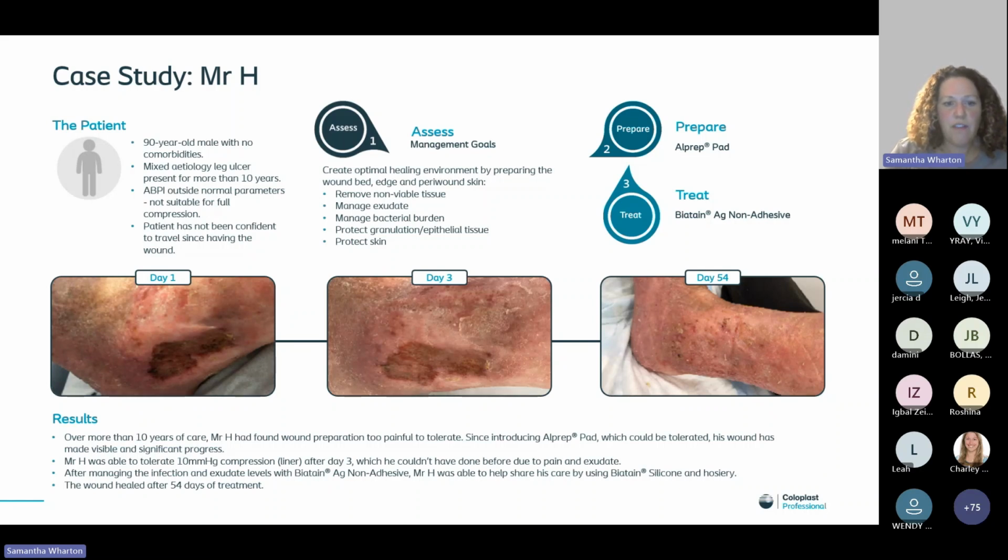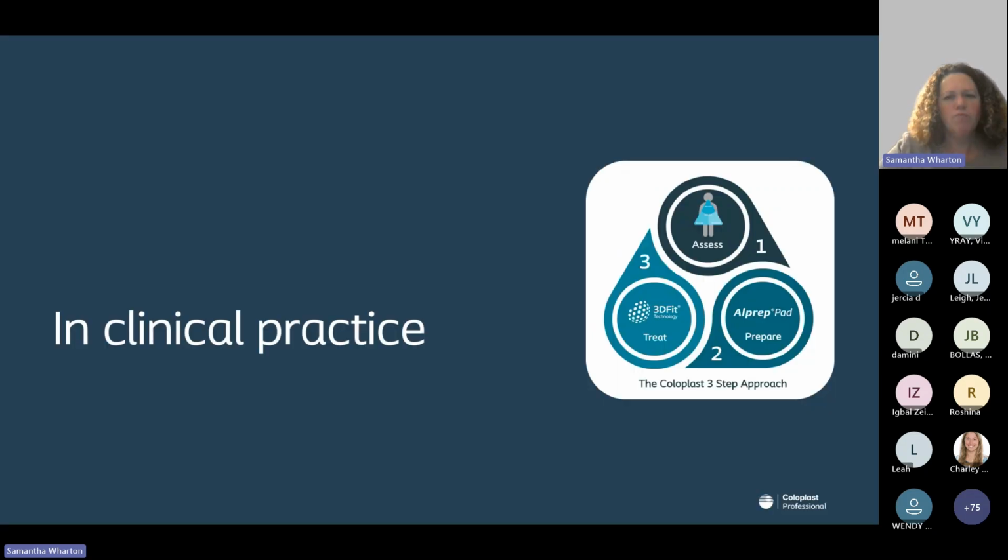After managing the infection and exudate levels with biotin AG non-adhesive, he was then able to help share his care by using biotin silicone and hosiery. And by day 54, the wound had healed. So what a great outcome for Mr. H, having the wound for over 10 years. And then by using that assess, prepare and treat, he was healed in 54 days.